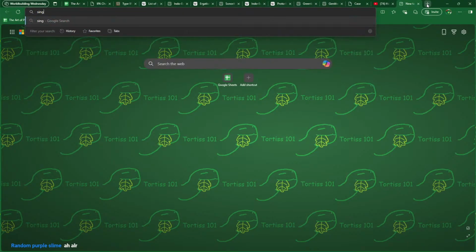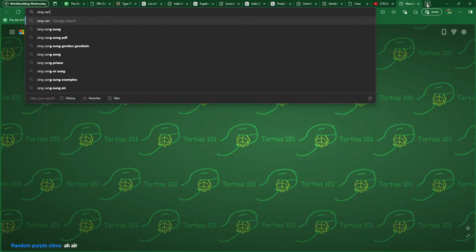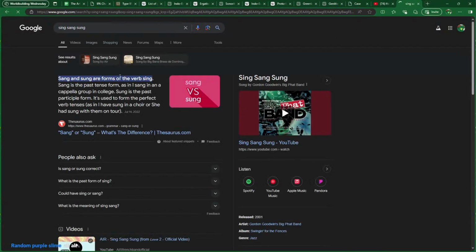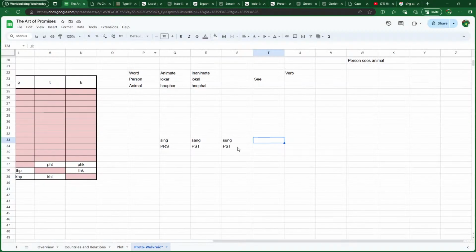Sang and sung are forms of the verb sing. Sang is the past tense form, like I sang. Sung is the past participle form. I have sung, right? So the only thing that is different here is the vowel.